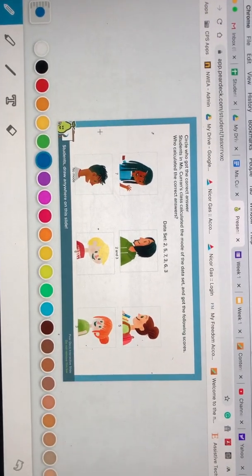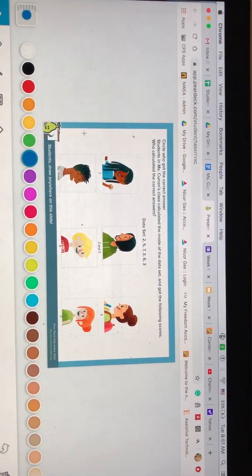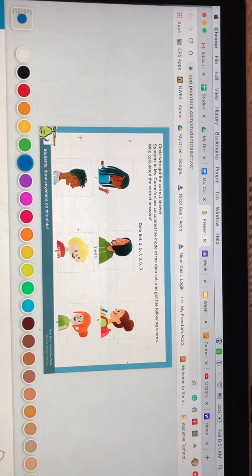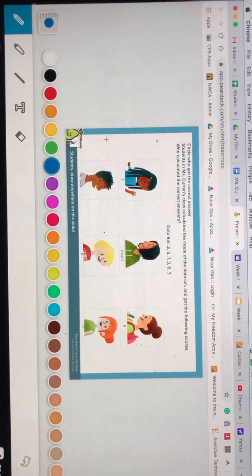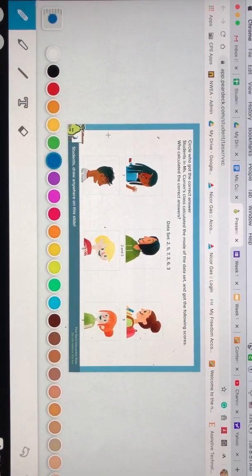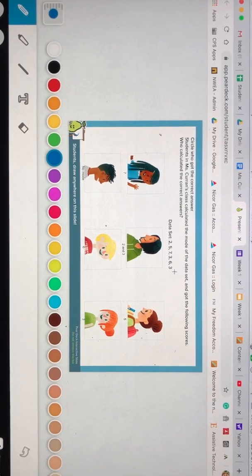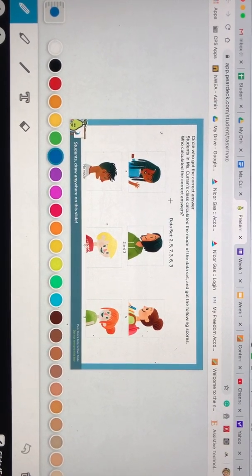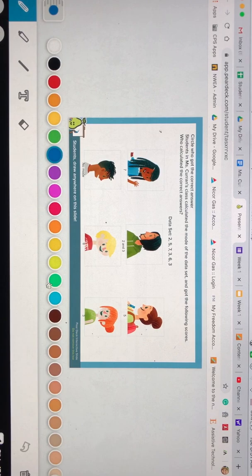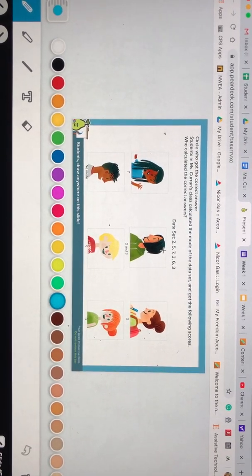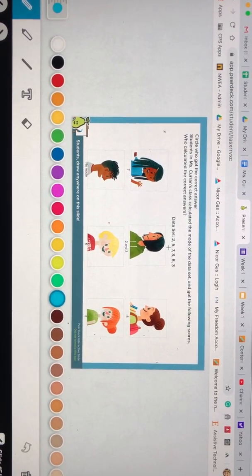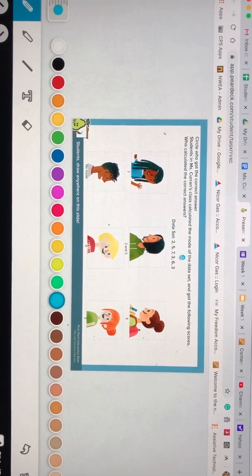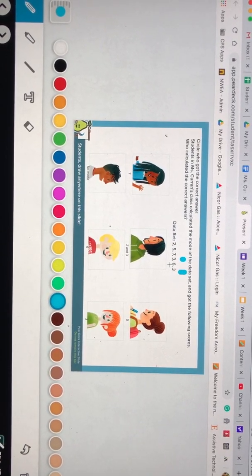Okay, let's look at our next example. Choose who got the correct answer. Students in Miss Curran's class calculated the mode of the data set and got the following scores. Who calculated them correctly? Okay, so if we look at our data set, we are looking to see if any number is used more than once. I see 3 used more than once.